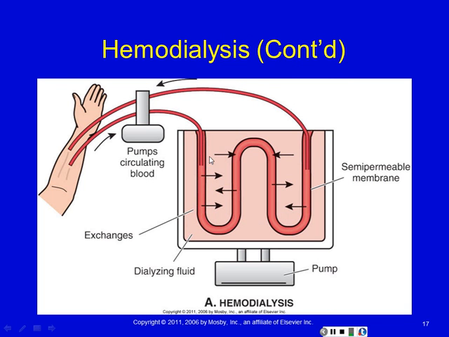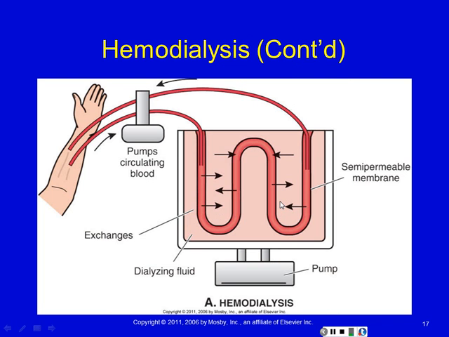Well, as the blood passes through this part right here, it's inside a membrane, so a semi-permeable membrane. Some stuff can get through, some stuff can't. So in some ways, it's just like the glomerulus. The red blood cells, the platelets, the white blood cells, the plasma proteins, they all stay inside the tube.